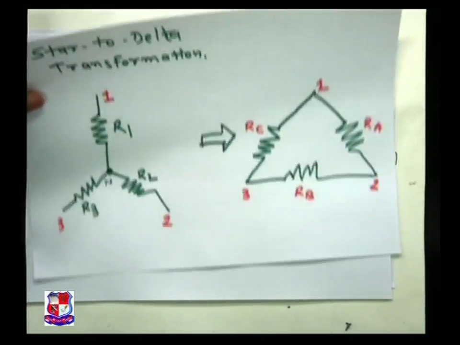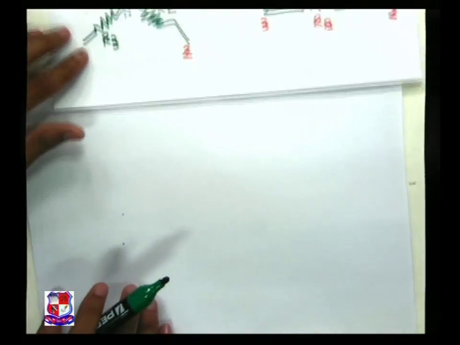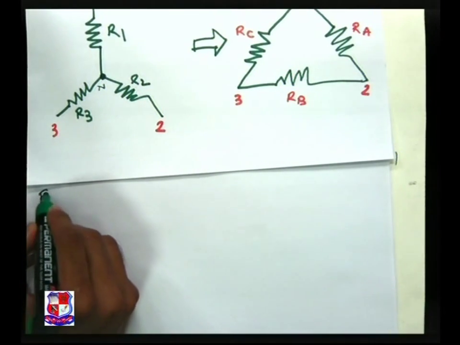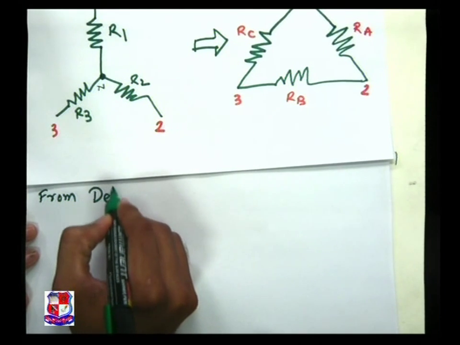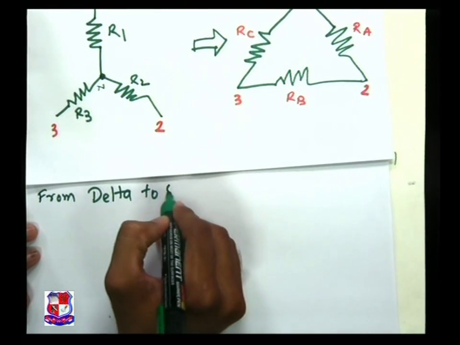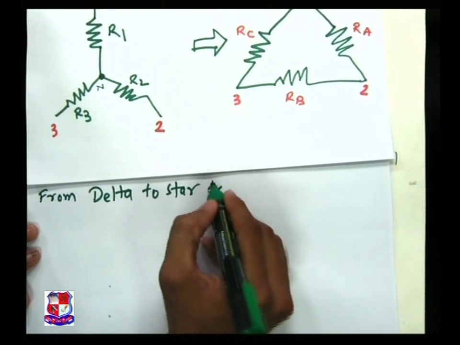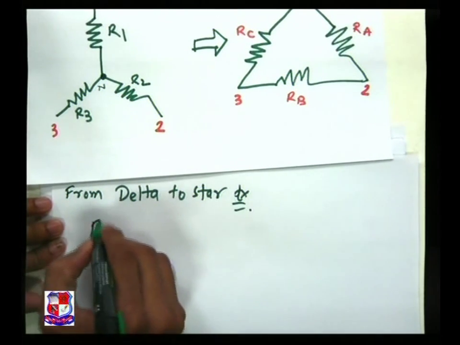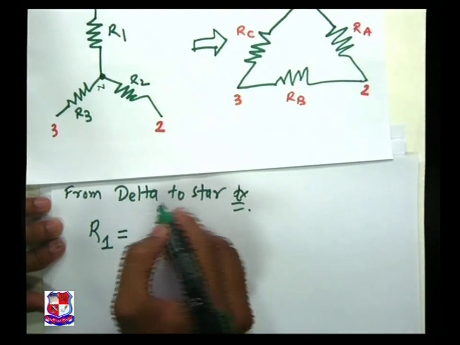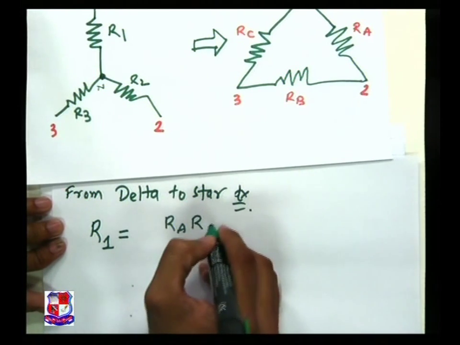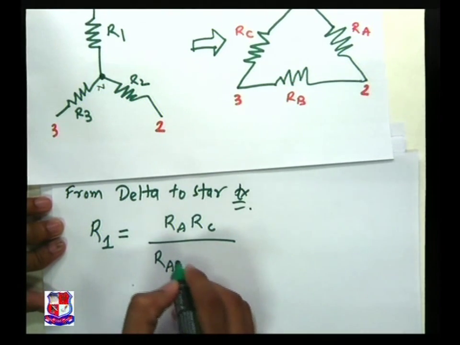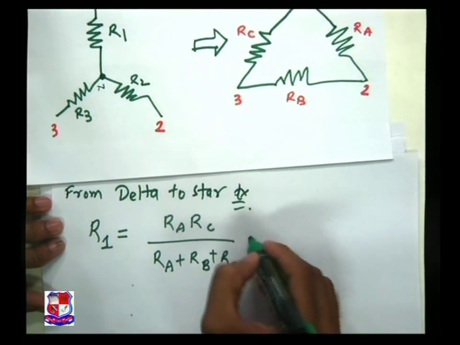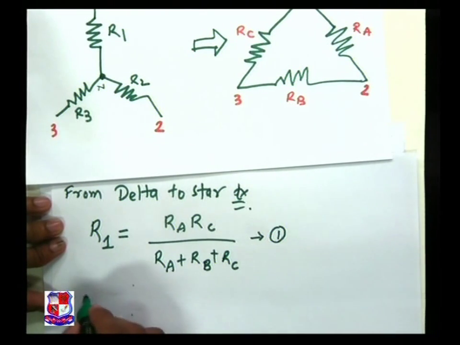So we know the equations from delta to star transformation. We know the 3 equations. First equation is R1 equal to RA RC upon RA plus RB plus RC, equation number 1.